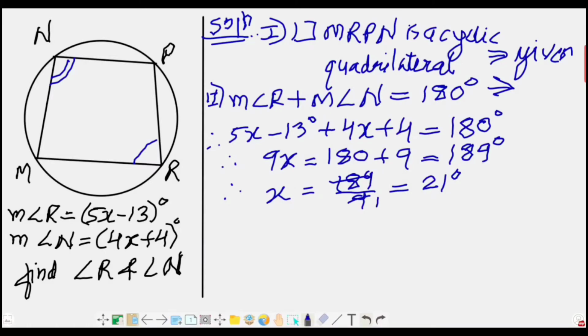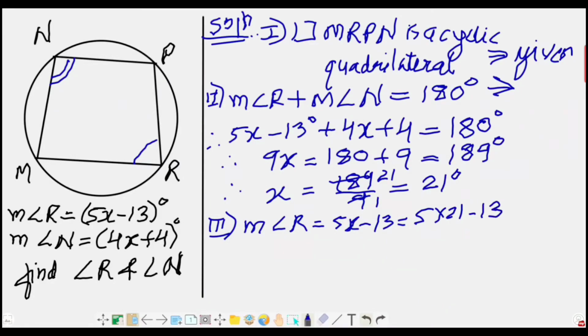9 ones are 9, 9 twos are 18. Now, what is asked, students? To calculate the measure of angle R. What was your measure of angle R? 5x minus 13. Now, instead of x, substitute the value 21. Your 21 fives are 105.